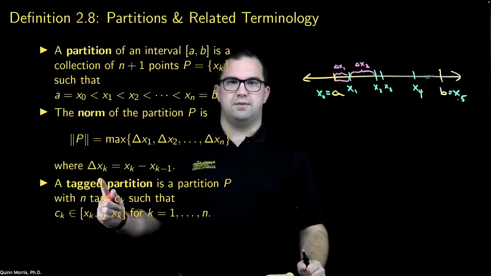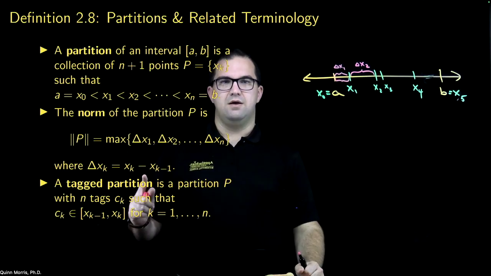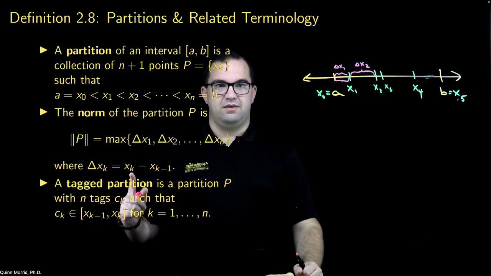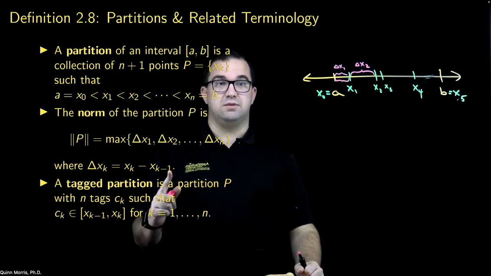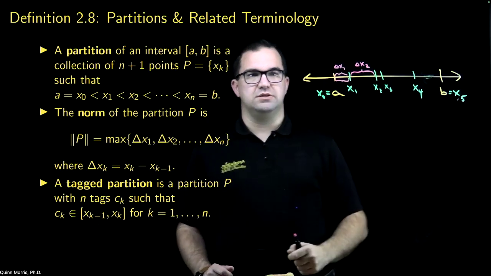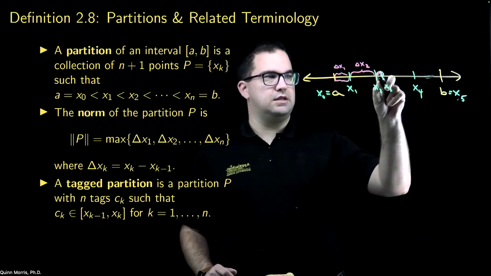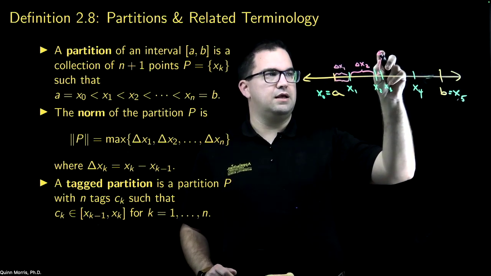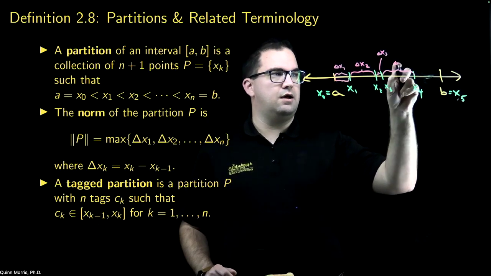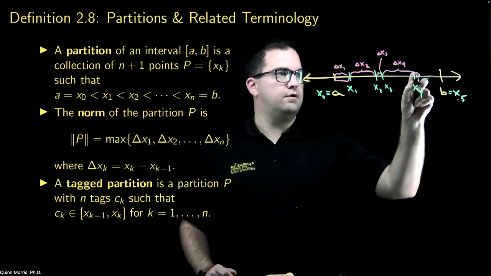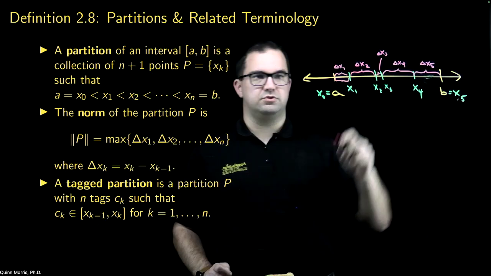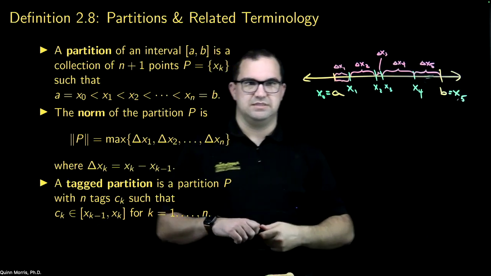So again, delta x sub k is just x sub k minus x sub k minus 1, the kth value in your partition minus the previous value. It gives you the lengths of each of these subintervals. So this here would be delta x3, this would be delta x4, and finally this would be delta x5, those widths, those distances.